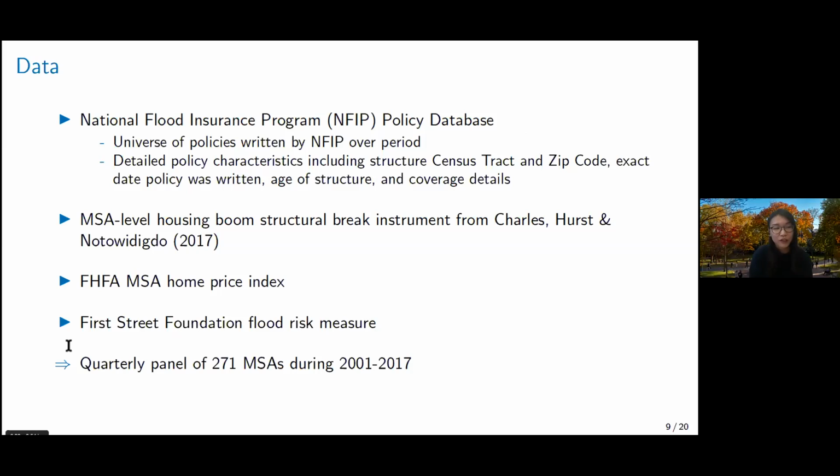So we use this data in 2 ways. I will talk in more detail later, but one is to use it as an important control, and the other is to use it in a heterogeneity analysis. In the end, we have a quarterly panel of 278 MSAs during 2001 to 2017.